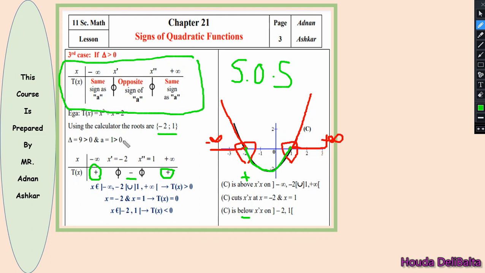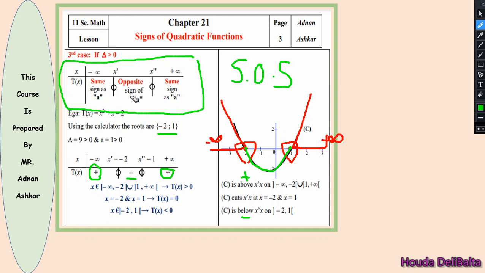You put them in increasing order and you put same, opposite, same, referring to a. So if a is positive, you put here plus, plus, and here you put minus. If a is negative, you put here minus, minus, and here you put the opposite of the sign of a, which is plus. So that's the rule.